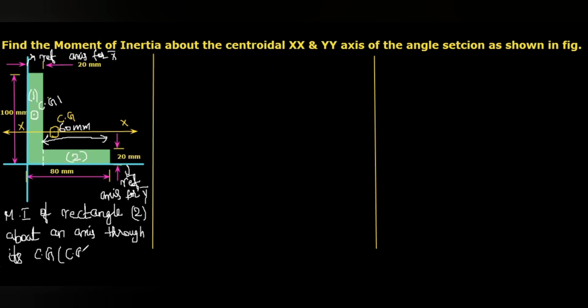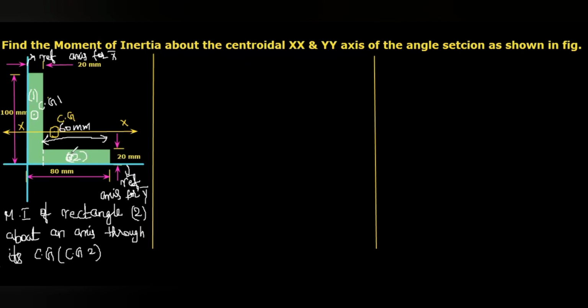That means CG2. Okay, here you can see for this, the center of gravity will be from here 20, plus this one 30. That means from the first point it will be 50, and then this one that will be 10.